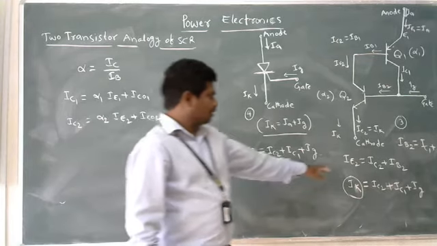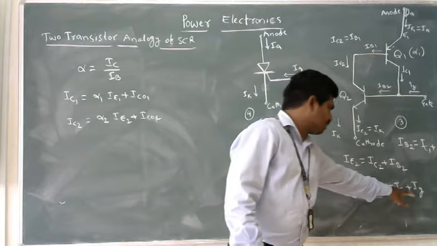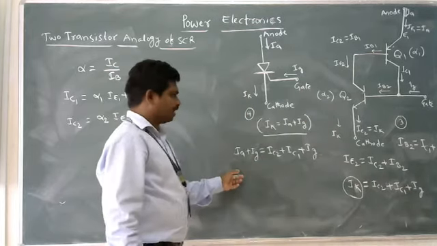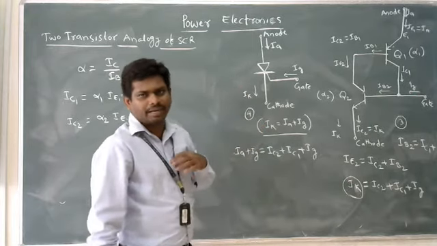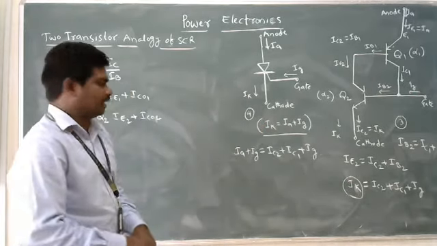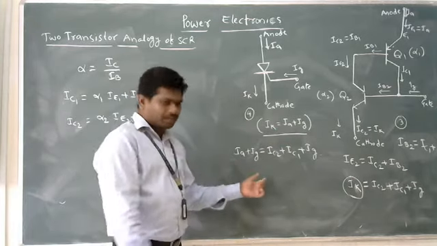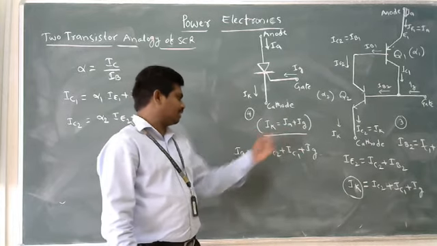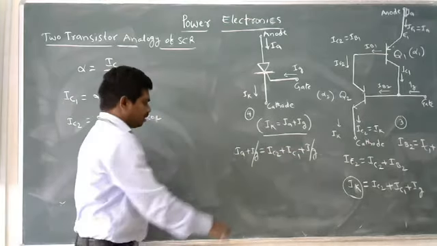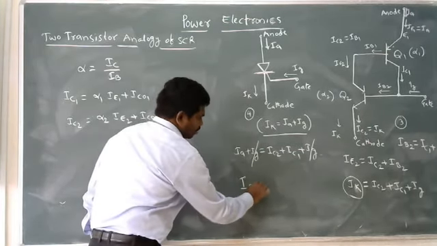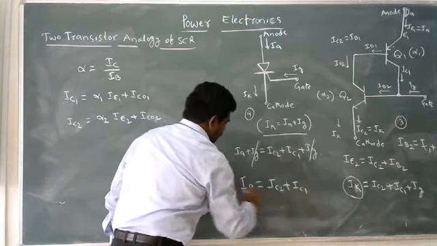From this equation, I am just replacing IK with the model of the SCR. When you apply KCL to the SCR, you get IK is equal to IA plus IG. Therefore, the IG terms cancel out, and I get the equation IA is equal to IC2 plus IC1.